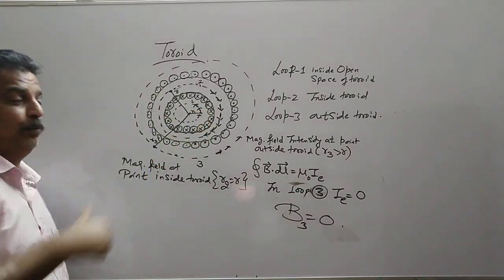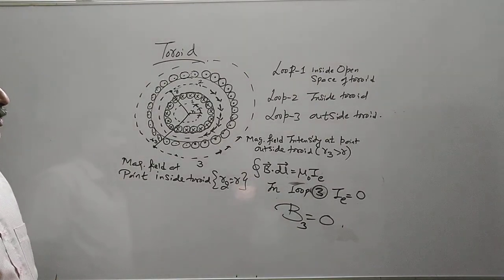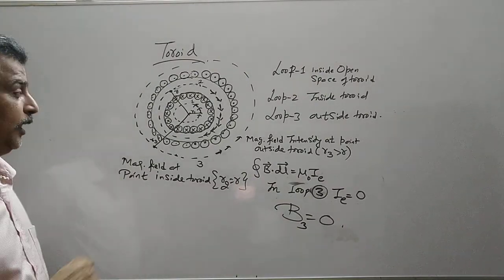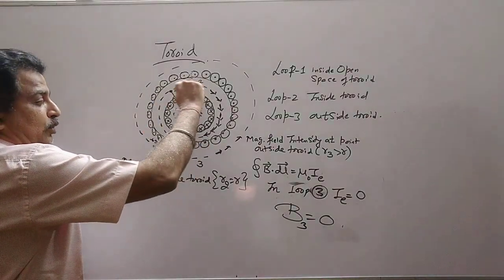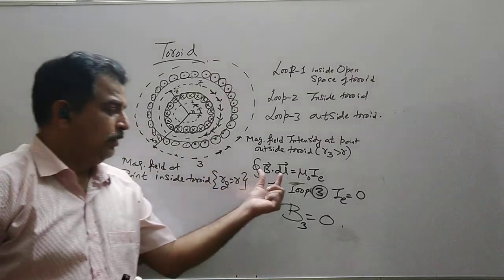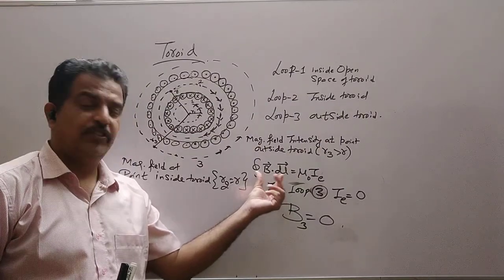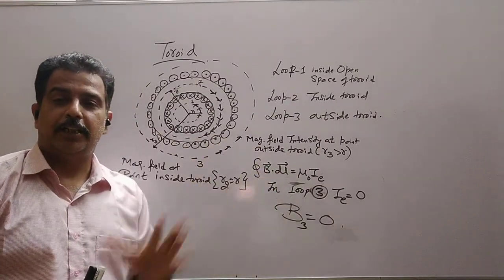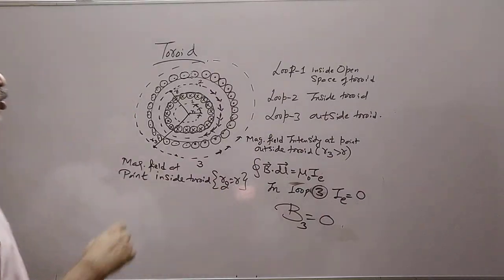But what was the direction of our magnetic field? The direction of the magnetic field intensity was clockwise. So here again, according to terminology, cos theta, that is theta, should be 0. B will be tangential to this loop.